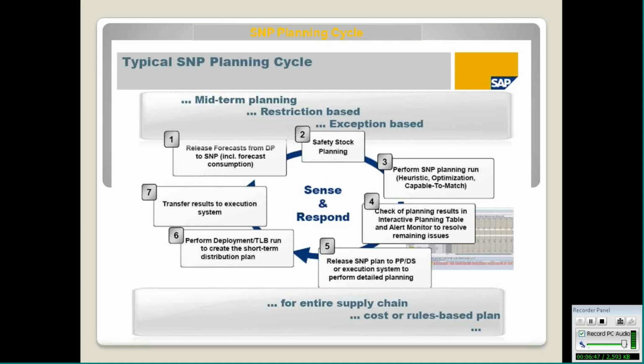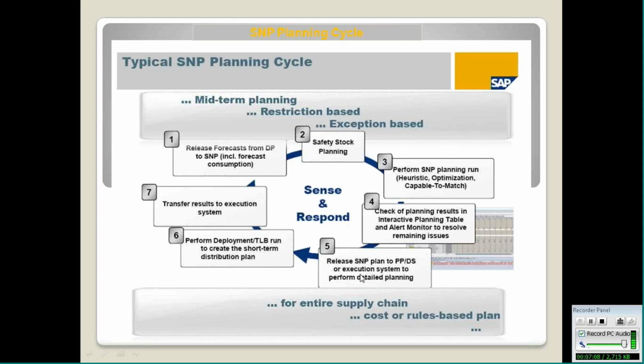Like if you run the heuristic, it is infinite planning, so they can do the capacity leveling, backward or forward combination. And then this SNP result we will send to the PPDS. So PPDS will do the short-term planning, like detailed level production planning.